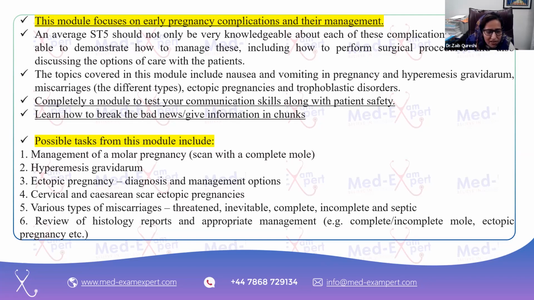As an exam candidate, you have to learn how to break bad news and how to give information in chunks. Don't try to bombard a patient with loads of information, a patient who is already vulnerable, who is already on the verge of breaking up.